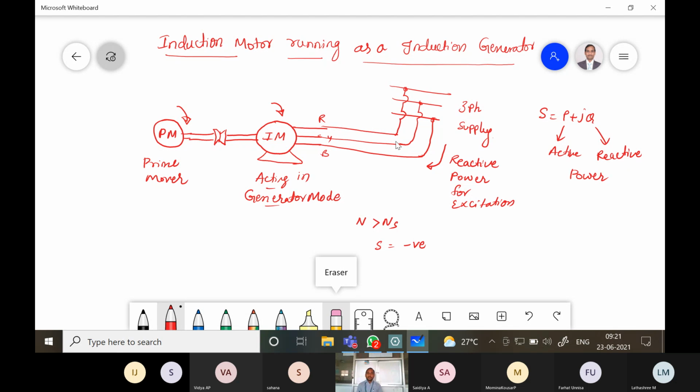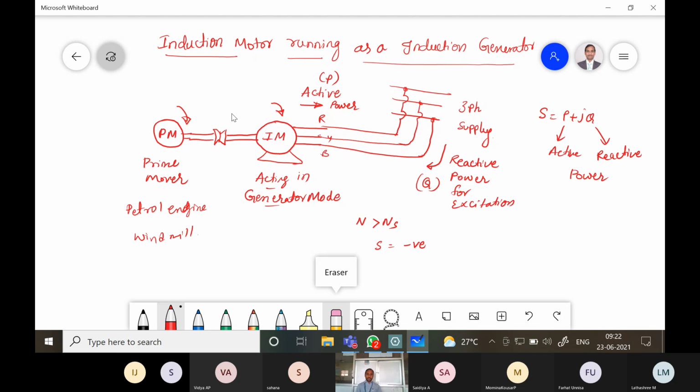Then the current is in the reverse direction, so it supplies the active power P to the grid, along with the reactive power Q. So this is the operation of an induction motor acting as an induction generator. Suppose the prime mover may be a petrol engine or diesel engine, whatever it may be, or some windmill.